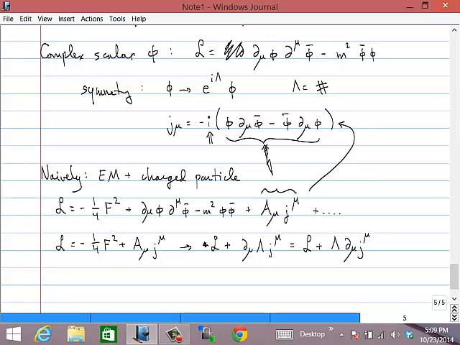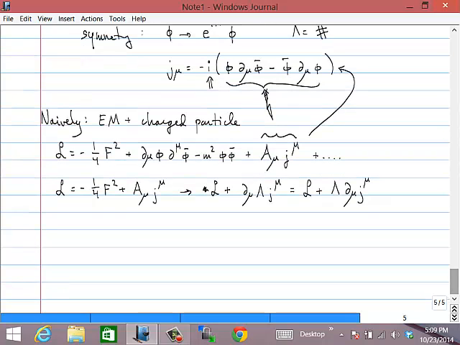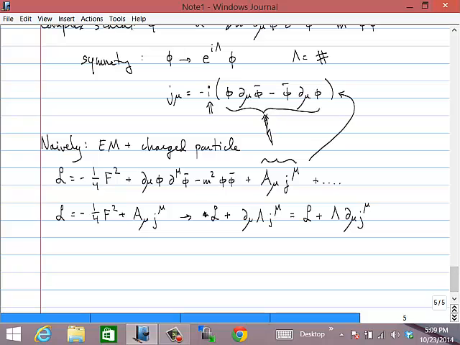Okay. So one way that we could proceed is that we could just start trying to guess terms that we could add to the Lagrangian, and eventually we would hit the right one. But instead, I would like to show you a neat trick. Okay. And in fact, the neat trick is anticipated by my notation, where I called the symmetry parameter here lambda, which is the same thing that I called the gauge parameter here.